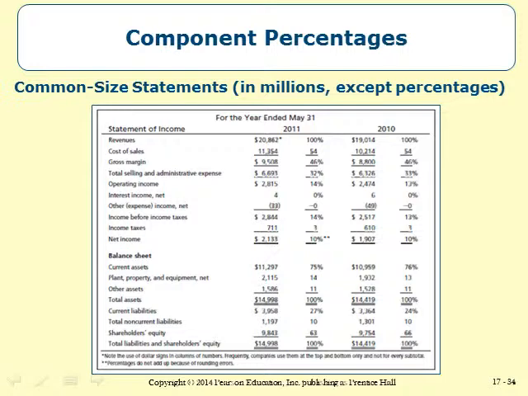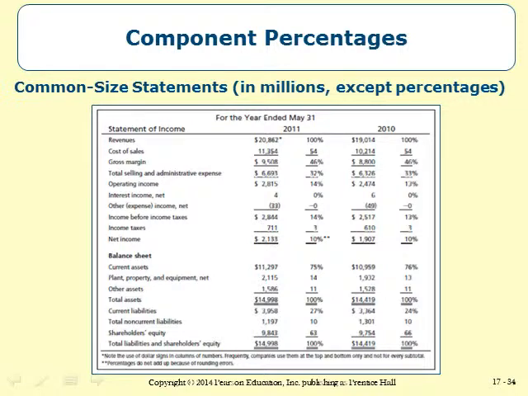We may be doing this between different companies, and this would allow us to get some comparability between those different companies. The balance sheet uses the exact same method. It's just that the base used to convert is total assets. So if we look at the 2011 balance sheet column, current assets of $11,297 is 75% of the $14,998.